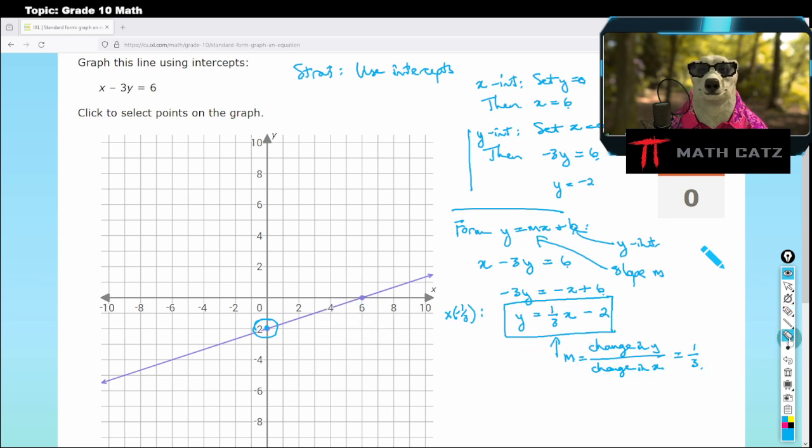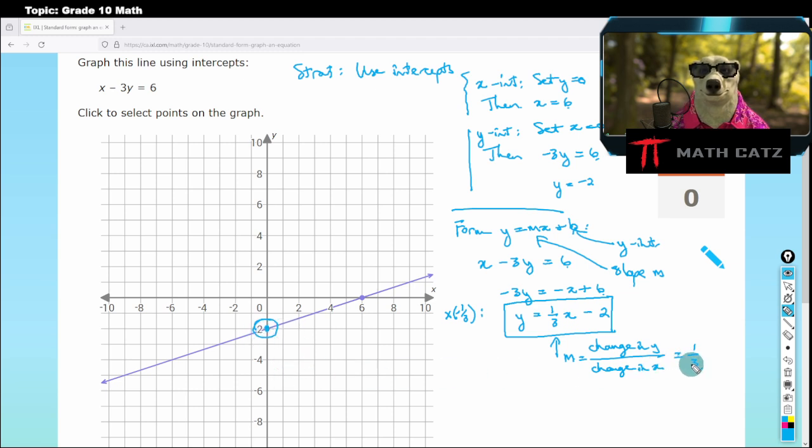What I could do is, instead of finding the x-intercept algebraically by solving that equation, I know it wasn't super difficult, but sometimes it might be a little bit more of a hassle. I can use the slope to go from my y-intercept at negative 2 to find another point.